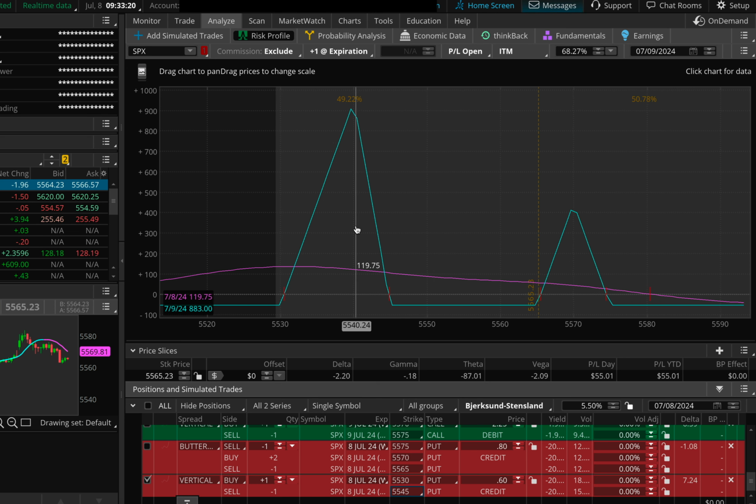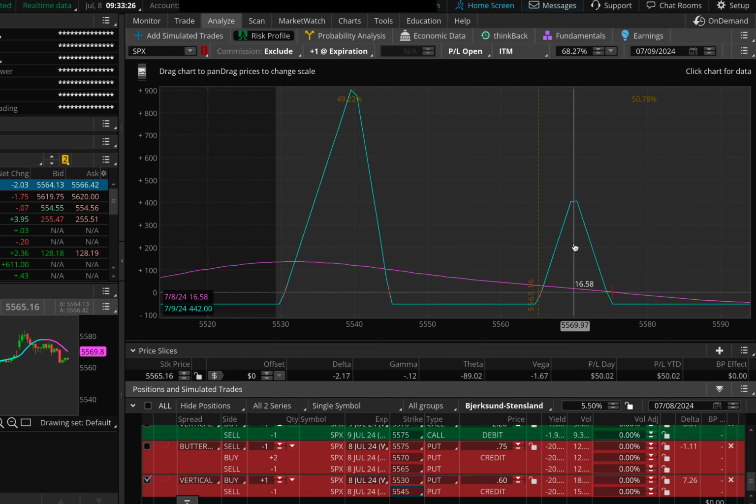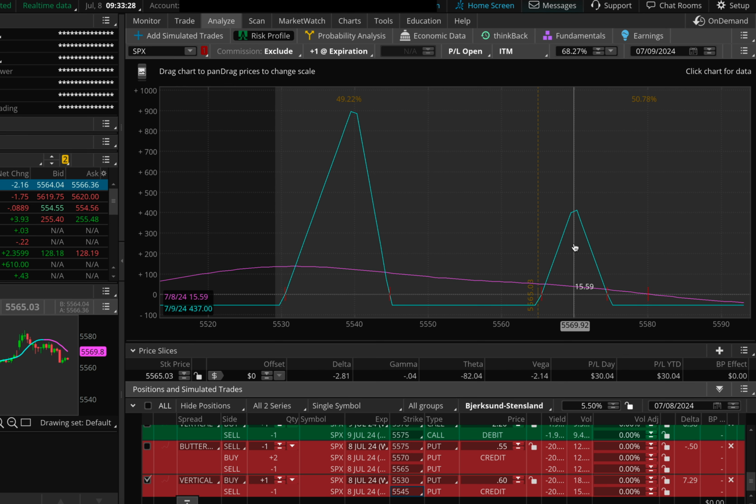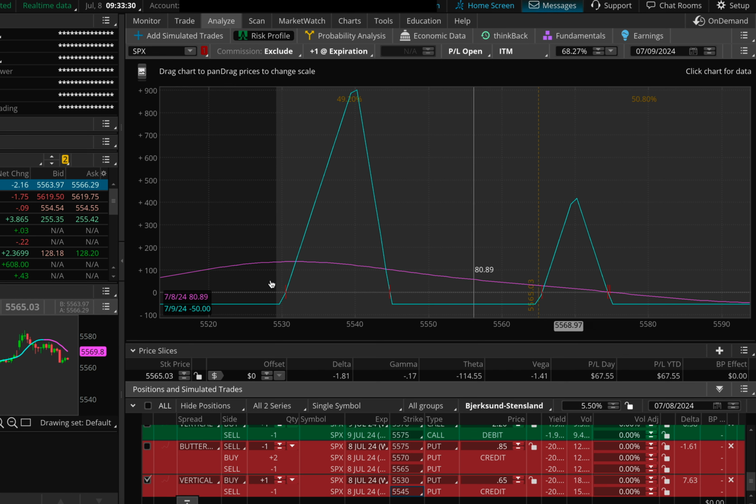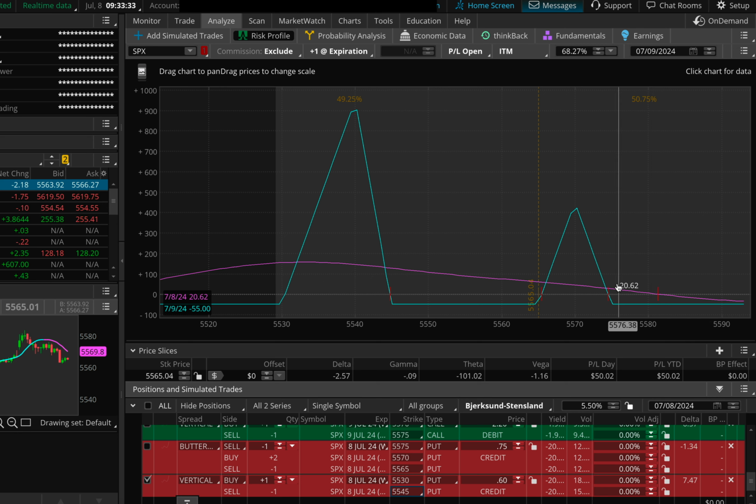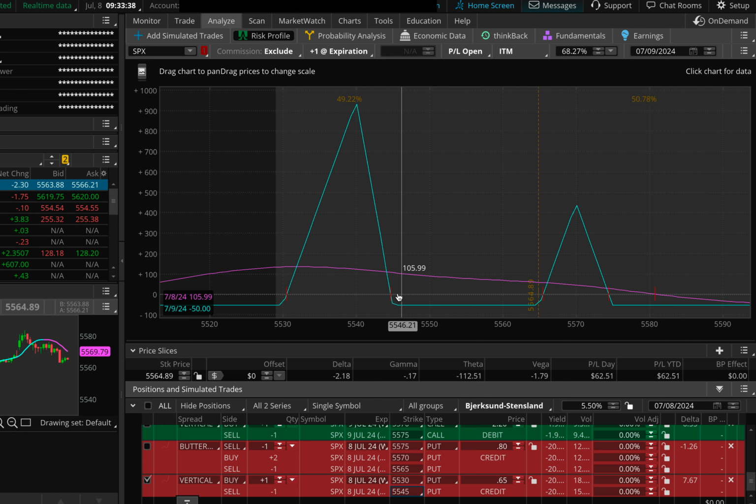At that peak, I have this butterfly still on, which I can make up to around 437. Worst case scenario, all the way from here all the way up, is $50 of loss. $50 of loss in this area if this droops down to it, and then $50 of loss all the way down to the bottom.